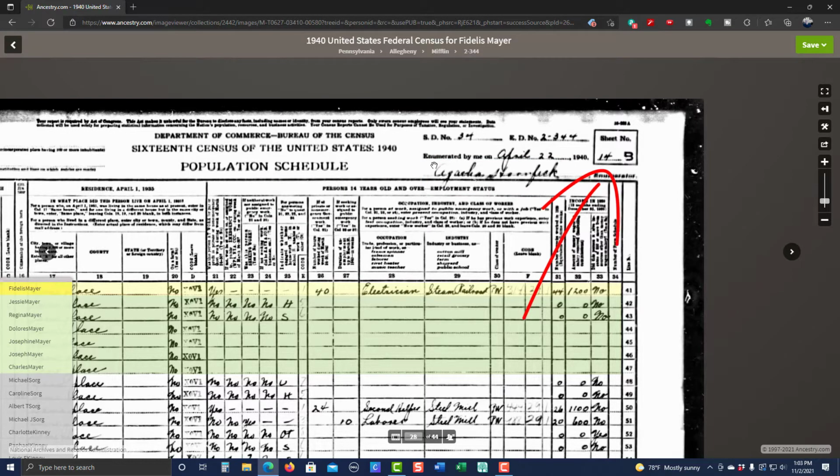Over here, in this box, you see a sheet number. In this case, 14B. There were sheets on the left and the right, A on one side, B on the other. So this is number 14 in this book of forms that they had.